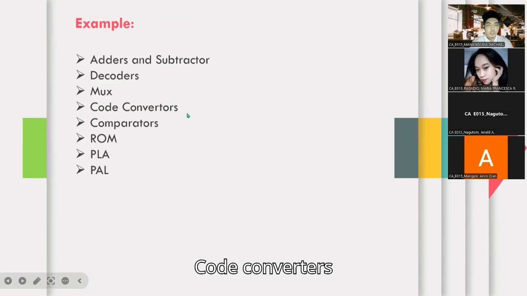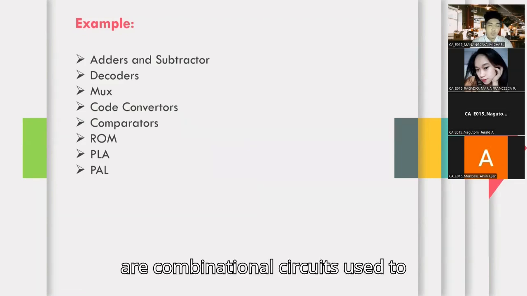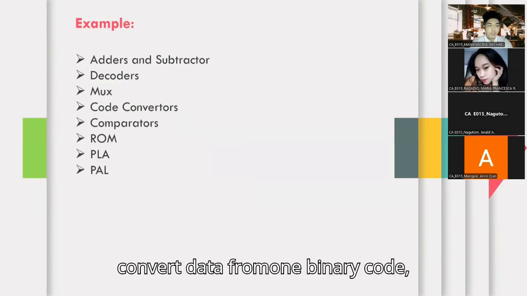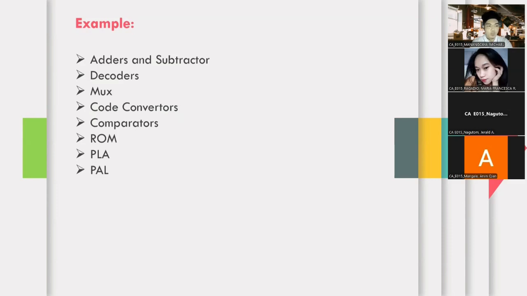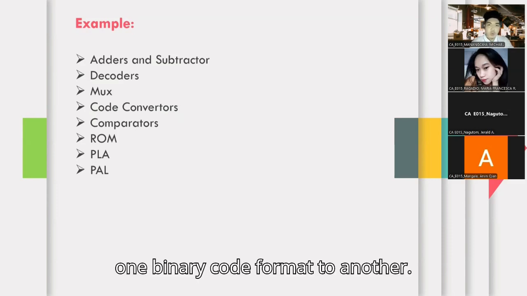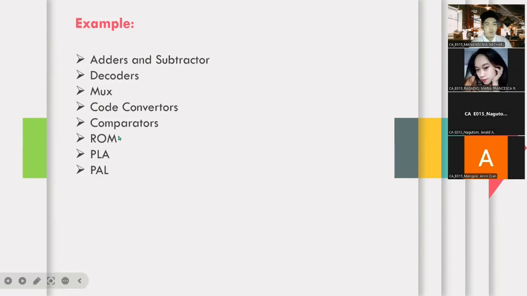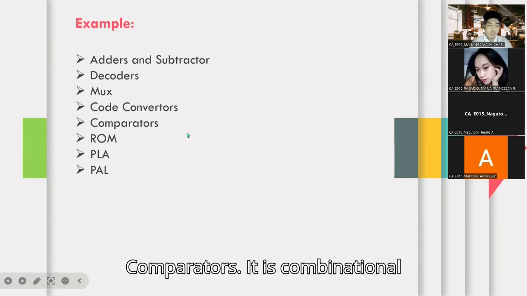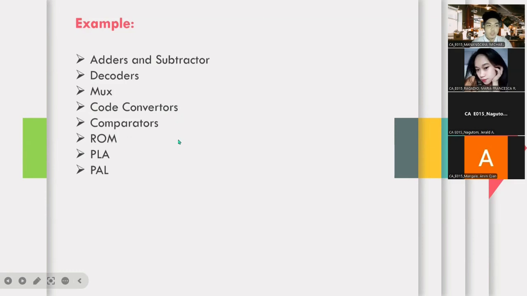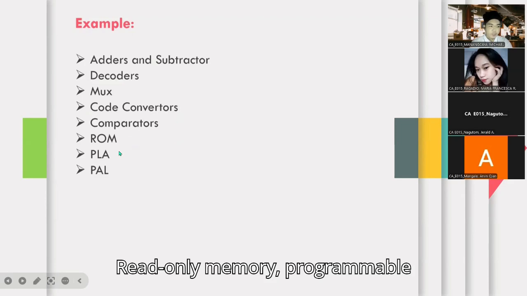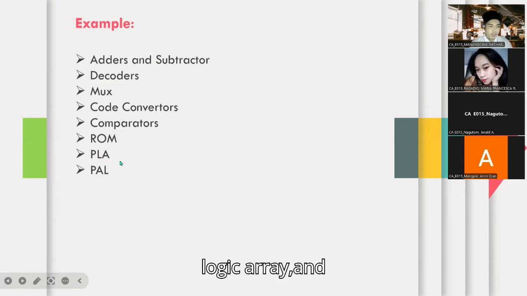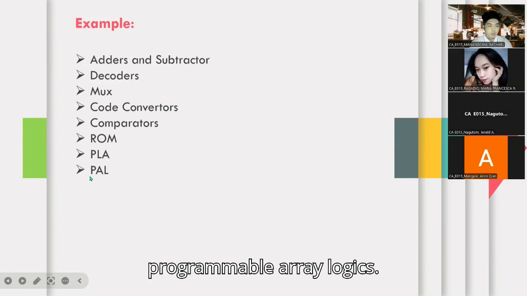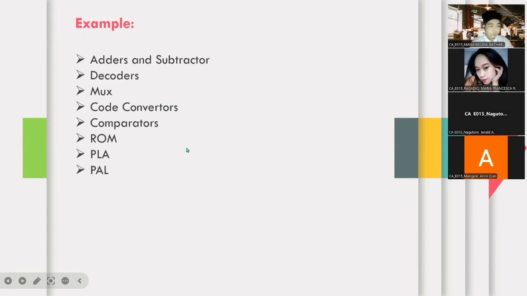Code converters are combinational circuits used to convert data from one binary code format to another. Comparators: a comparator is a combinational circuit that compares two binary numbers and outputs their relationship. Read-only memory, programmable logic array, and programmable array logic. These are examples of combinational circuits.